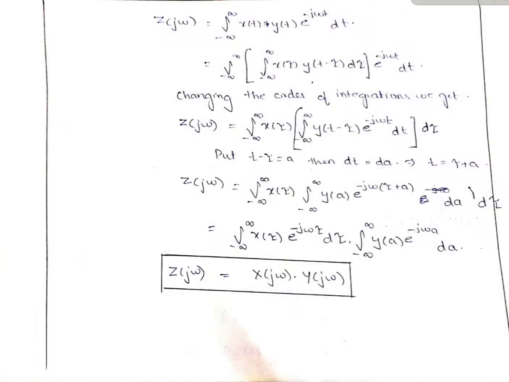Z of j omega is the integral from minus infinity to plus infinity of x of t convolved with y of t, times e raised to minus j omega t dt. Now expanding this using the formula of convolution, we get a double integral of x of tau y of t minus tau d tau, and this as it is we write e raised to minus j omega t dt.